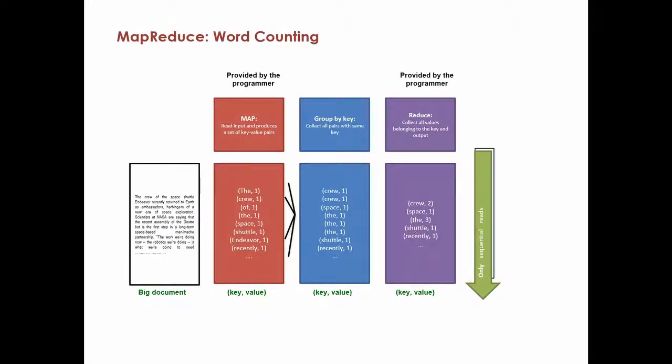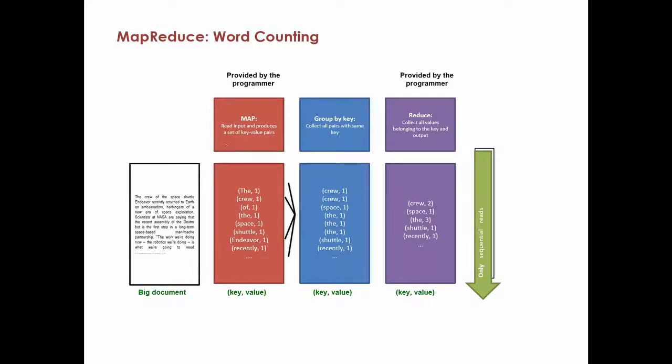Now let's come back to our example, the word counting example. So how do things work? You have this big text document, and you need to decide the mapper output key value. Here the mapper is going to tokenize this document.